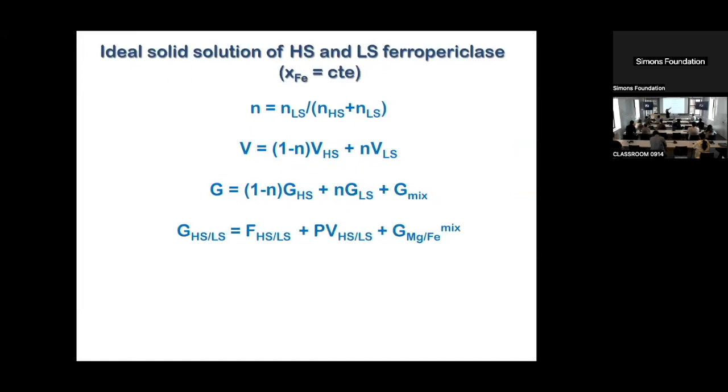So what we need here is to calculate the Gibbs free energy of the high spin state and low spin state, which is given by F, not Helmholtz, yeah, plus PV, and then the iron-magnesium mixing entropy, which we say is the same for both spin states. This free energy consists of the static plus vibration, that's the quasi-harmonic, but there is a magnetic entropy term that I have approximated also.